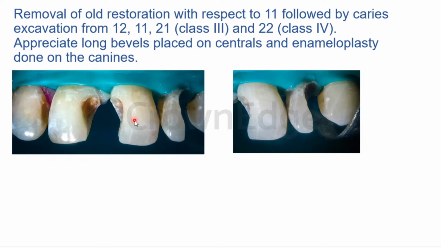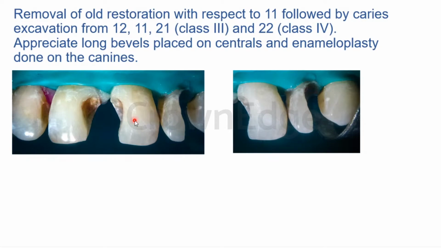Always remember, long bevels placed on cavo surface margins have to be at an angle of approximately 45 degrees. That is the burr which is being used, preferably something like a tapered fissure shaped diamond burr. So you can use a tapered fissure diamond burr, or you can even use a straight tapered fissure burr.